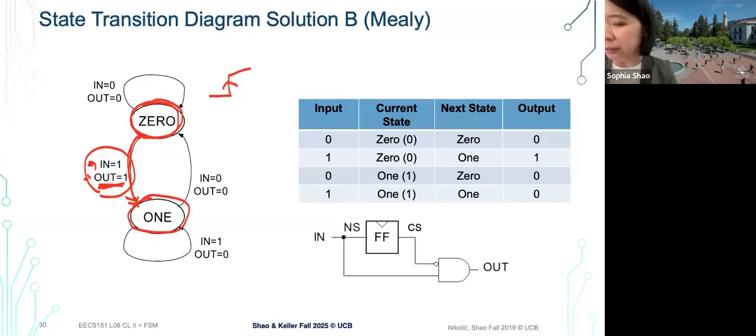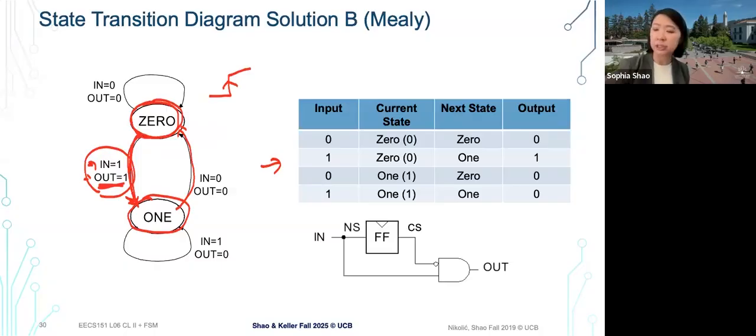If I'm already in the 1 state and I get 0, I fall back, and there are different state transitions. You can walk through this to see how it catches the pattern of 0 to 1. This is a much simpler representation of the hardware, and the output, instead of depending only on the state, is associated with both input and state.